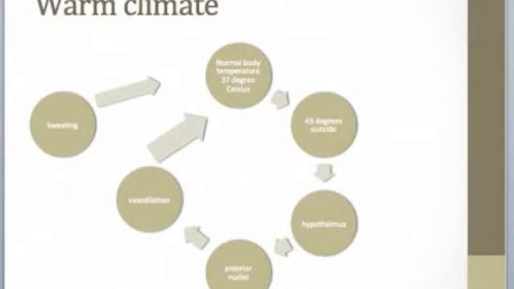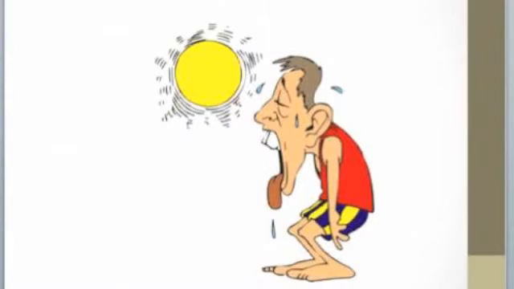But in addition, it also produces sweating. Now, sweating is another way for the body to remove heat to bring it back to that internal temperature. And this is a picture of our little guy sweating and trying to, once again, maintain that internal temperature, trying to lose some heat.